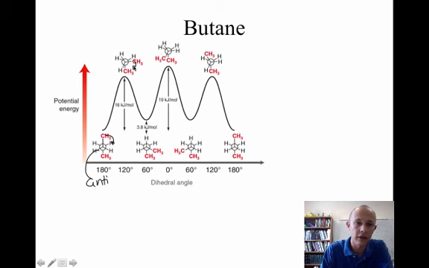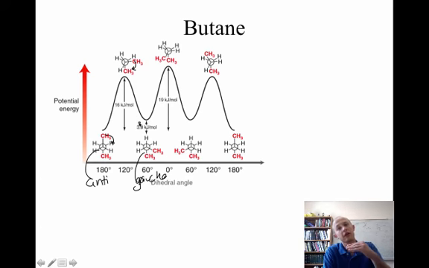As this methyl continues to rotate around, now notice what happens. We get a gauche. But notice that there's about 4 kilojoules difference between anti and gauche. So these are both staggered conformations, and one is slightly higher in energy. This is different than the previous example. This is not the same energy as this. This is a little bit higher.